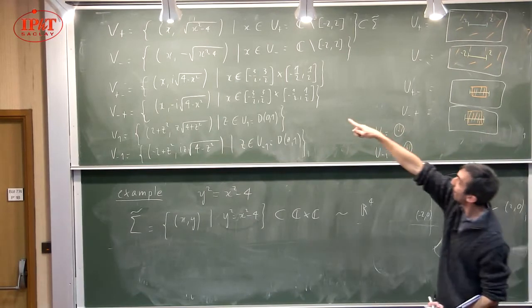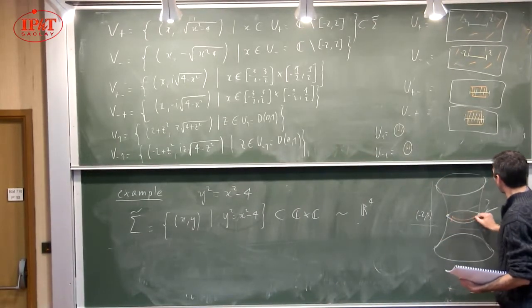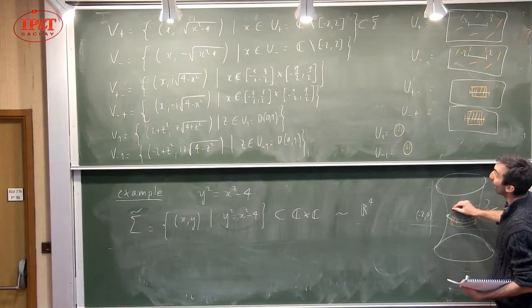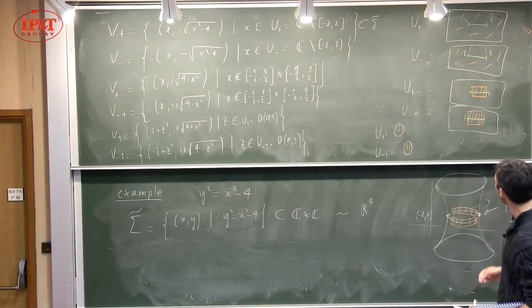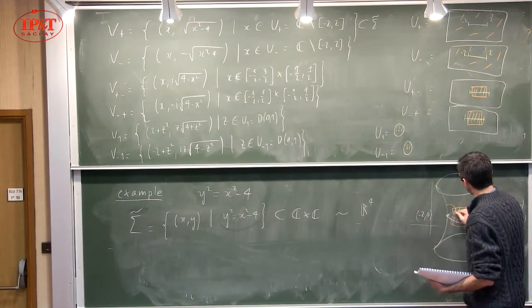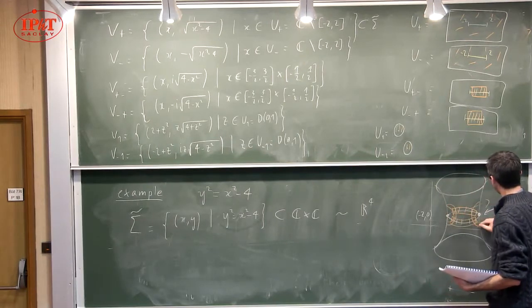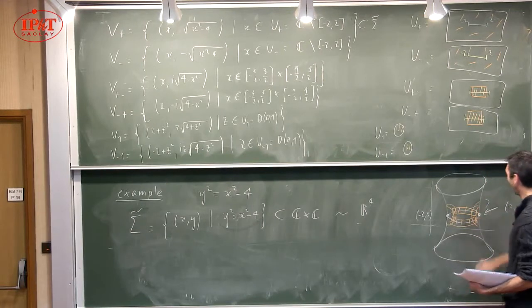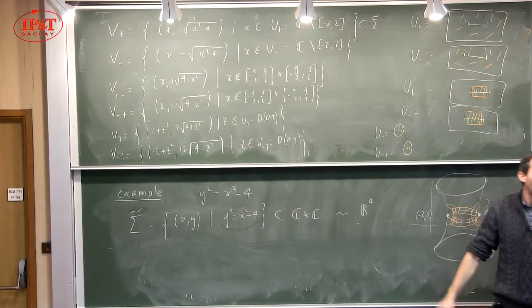Sorry, I mean V plus is everything above, V minus is everything below. V plus minus is something that sits there. V minus plus is something that sits there. And V1 is a circle, so it surrounds that point. It's a circle glued like that, and a circle glued like that. And you can check that every point of sigma tilde is in one of my charts.